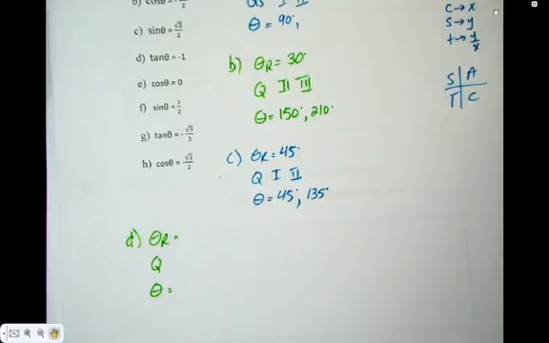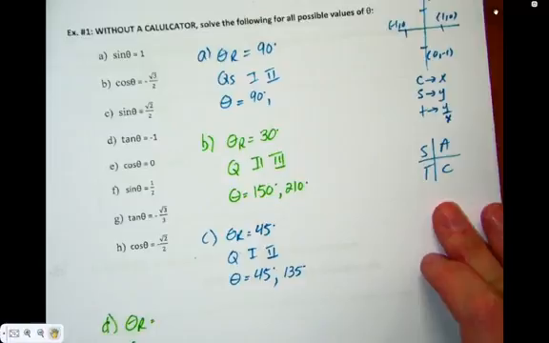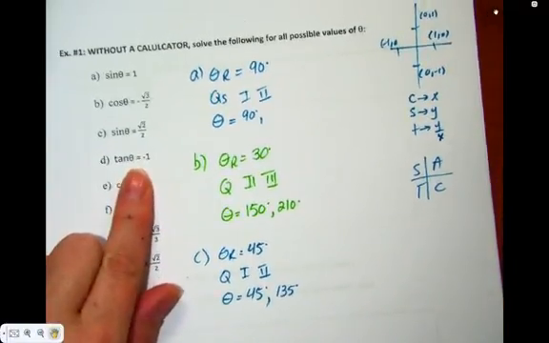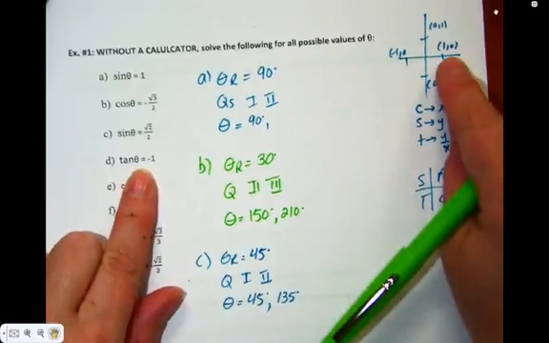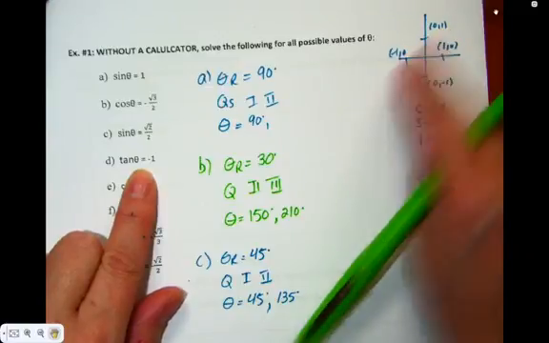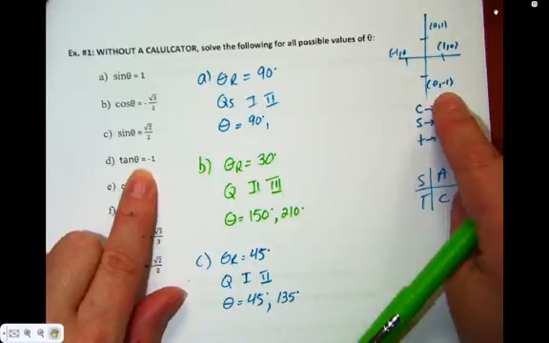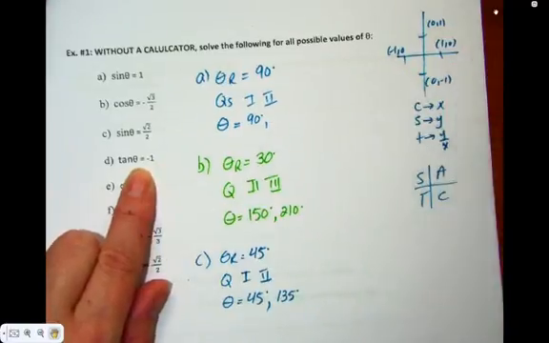Because it's 1, it's not a funky fraction or a radical, it's going to be an axis value, so we need to figure out where tan is going to be equal to negative 1. What I do is just go around the circle. 0 divided by 1. 1 divided by 0. 0 divided by negative 1. Negative 1 divided by 0. It's not one of these, but it's what your brain is going to think.